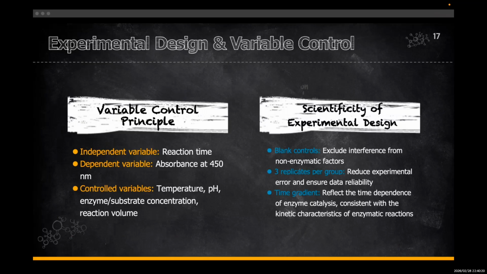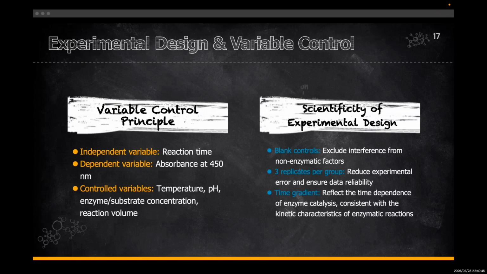The experiment's design also emphasized scientific rigor. By including blank controls, control A and B, we eliminated interference from non-enzymatic factors. For example, we confirmed that the yellow color only came from enzyme-catalyzed OMPG hydrolysis, not spontaneous reactions or the enzyme itself.